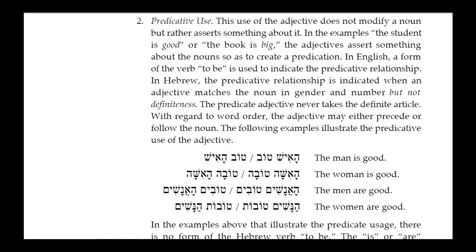In English, a form of the verb to be is used to indicate the predicate relationship. So in Hebrew, the predicate relationship is indicated when an adjective matches the noun in gender and number, but not in definiteness. And that's key there. It doesn't agree in definiteness. The predicate adjective never takes a definite article.